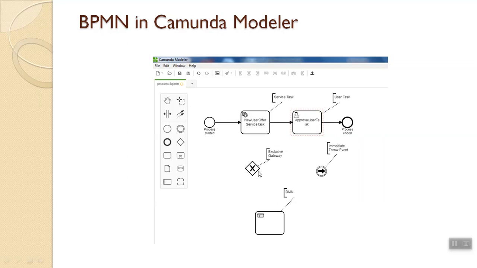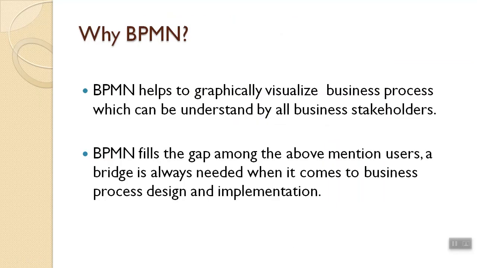Let's say there is a condition, how to manage the condition. Let's say if true, then it will execute this flow, if false, it will execute that flow. Then you can see some DMN. DMN is nothing but a decision making table. I'll talk about DMN later. So let's go to the next slide.